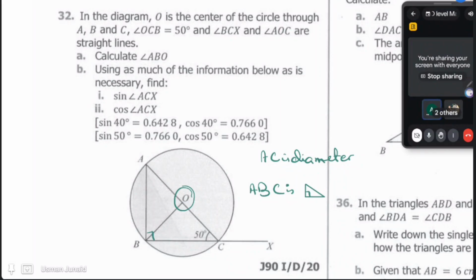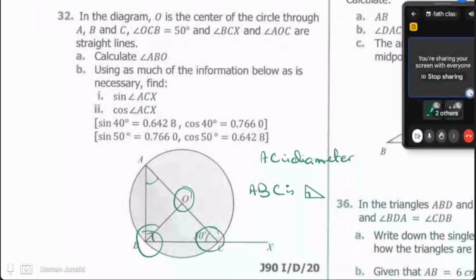We know that this angle is 50. This angle is 90. So how much is this angle? 40.